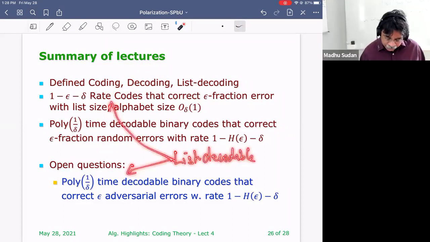Correct. The neat thing about list decoding, which I forgot to stress properly earlier, is that with adversarial errors, it completely matches the capacity kind of behavior that you expect from random errors. With unique decoding, you don't get that.